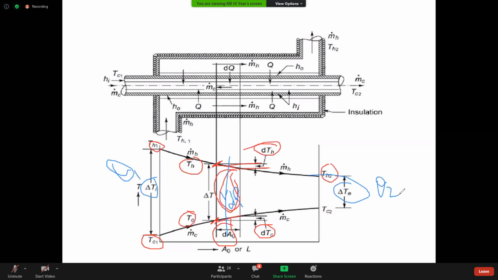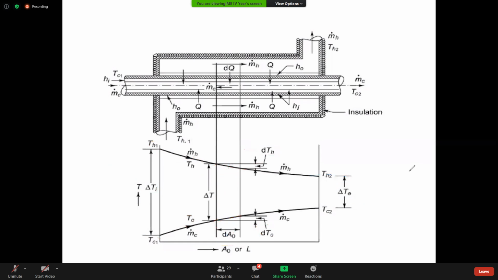It is ln of theta 2 minus theta 1, and delta Te minus delta Ti can also be written, divided by ln delta Te by delta Ti. Right? So this is the simple analysis we are going to do. Here the mass flow rate of the hot fluid is m dot h, and the cold fluid has some mass flow rate m dot c.